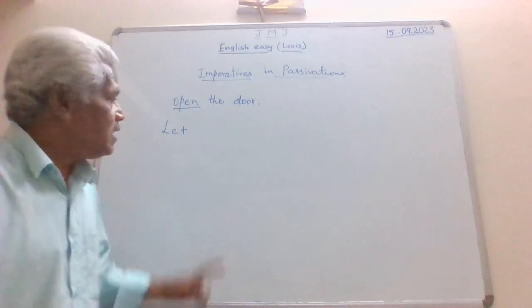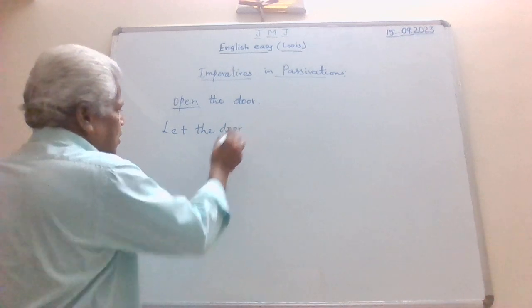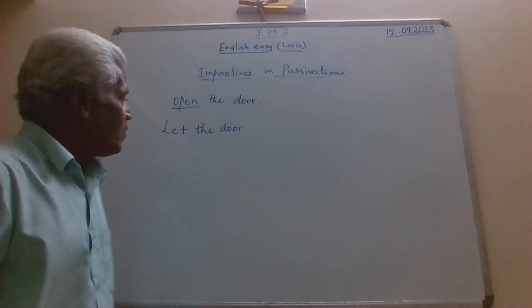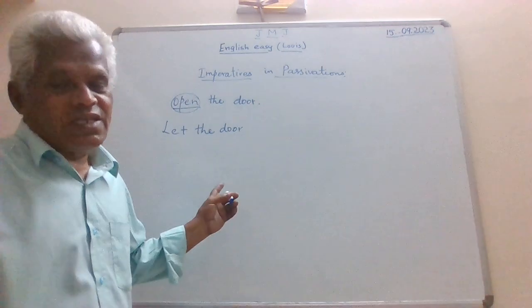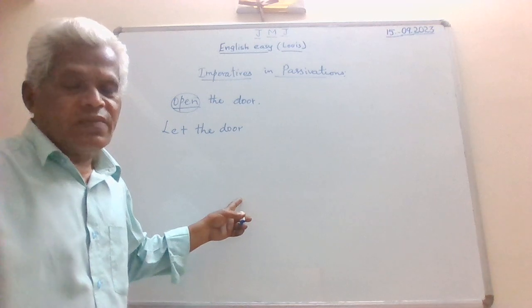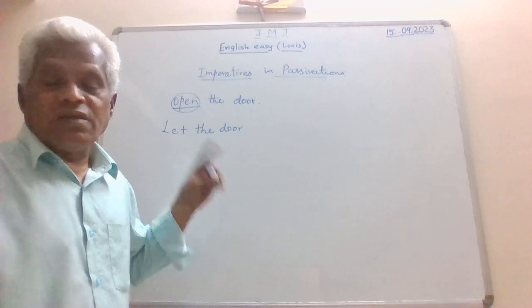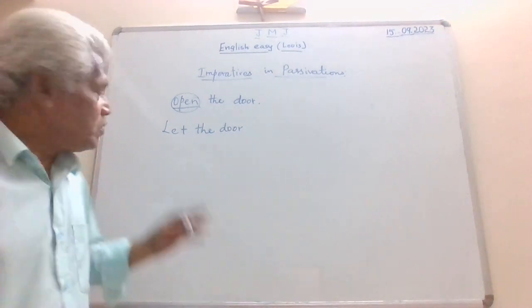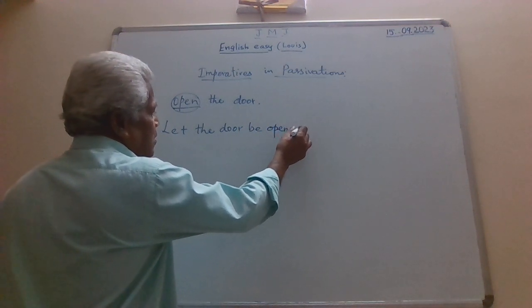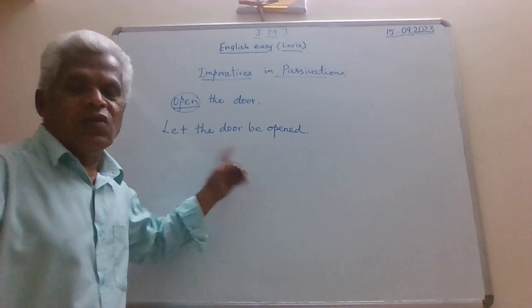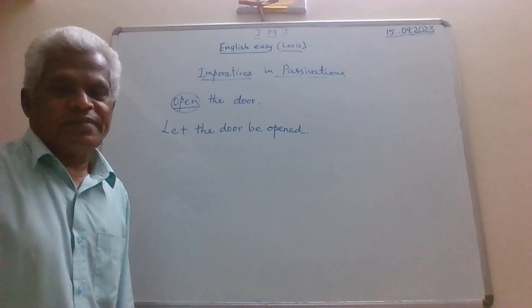Write the subject. Let the door. Now what is your verb here? Open. Now since this is passive voice, you need to apply the be form of the verb here. And then what is the third form for open? Opened. So let the door be opened. Okay? Let the door be opened.